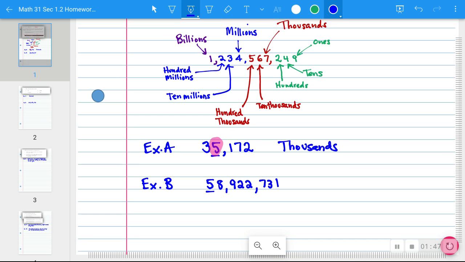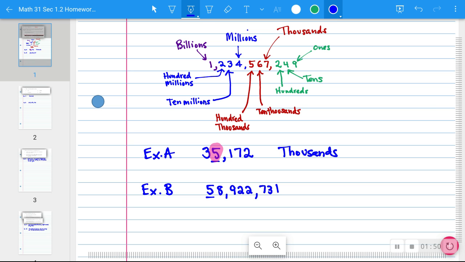Okay, the next one here, the 5 is shifted over further to the left. It's right over here. Let's count from the right: ones, tens, hundreds, thousands, 10,000s, 100,000s, millions, 10 millions. Okay, so we're in the 10 millions column.